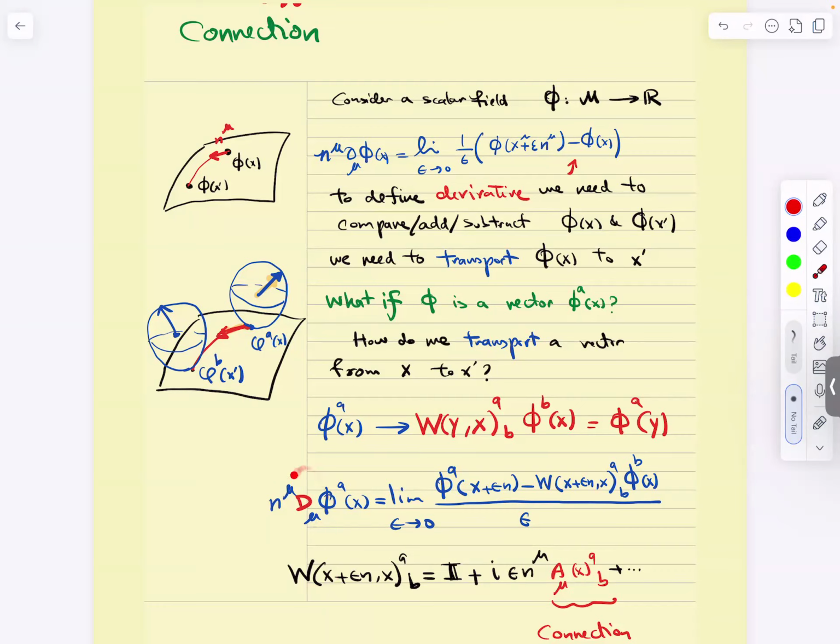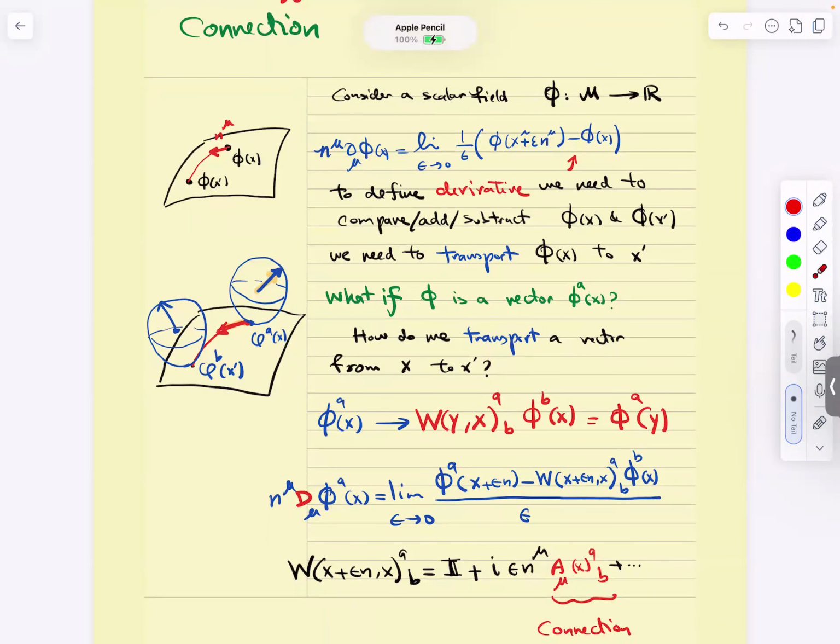Now, if you do take a derivative of this, what you obtain is a covariant derivative. What's the origin of the covariant derivative is this. When you're dealing with matrices, there is no meaningful way of saying that I only take the derivative of the matrix. You have to have a rule for comparing two matrices at different positions. And in general, there is some W of y and x that sits in the middle.